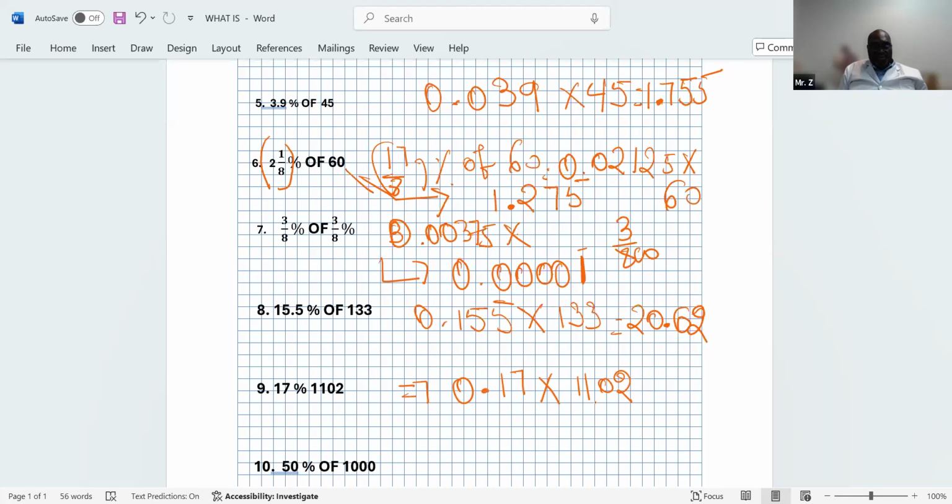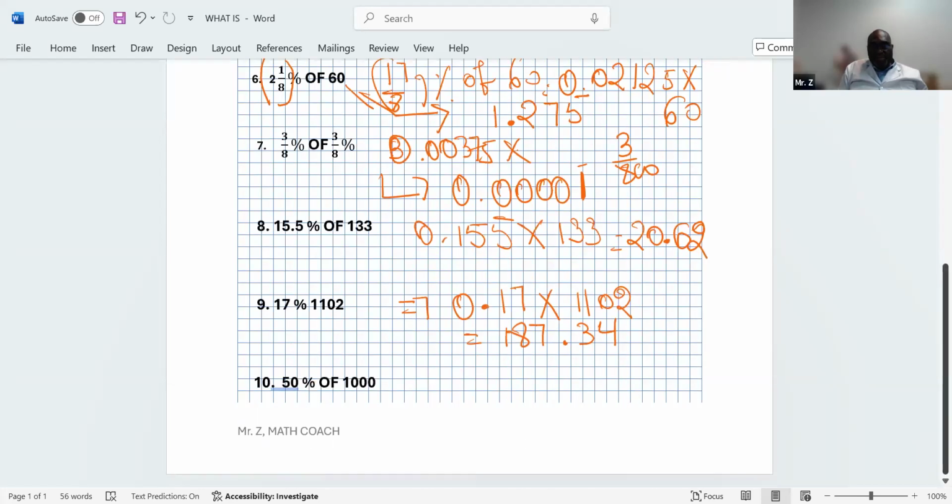So you have 17 divided by 100 and multiply that by 1102. So the answer right there is 187.34.